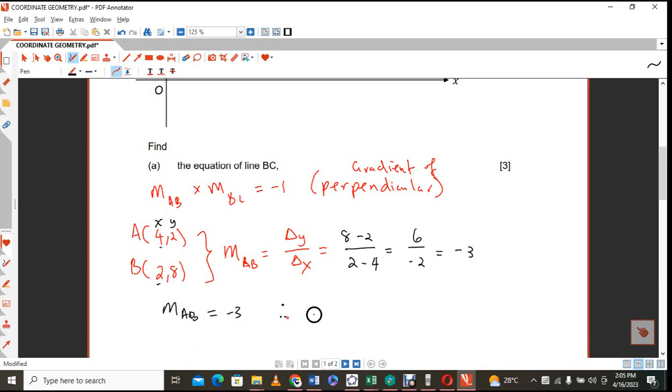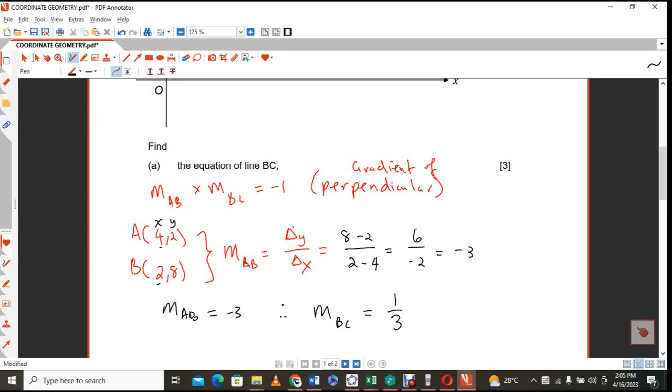That implies that the gradient of line BC should be the negative reciprocal, which is a positive 1 over 3, because if you multiply these two together, you should get -1.